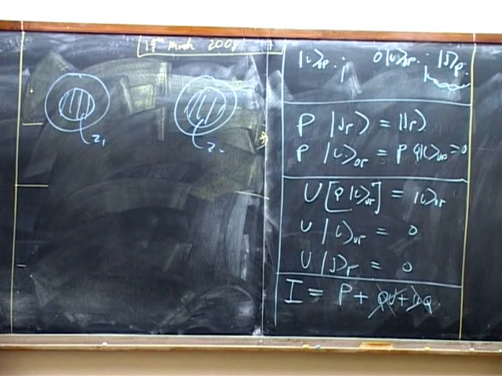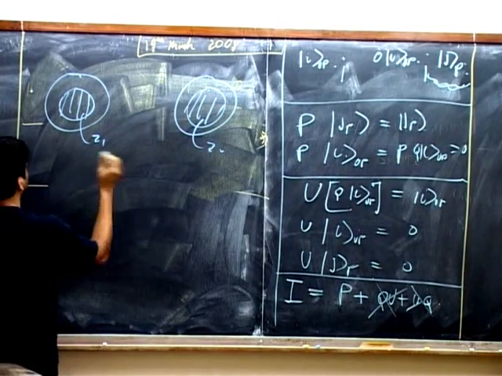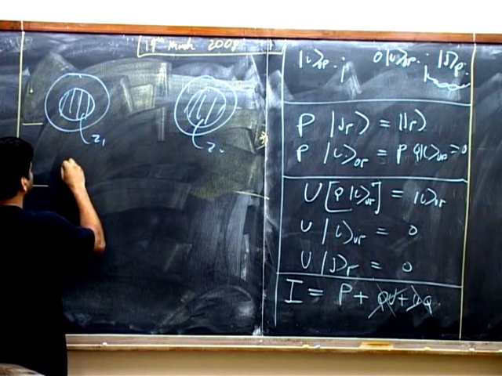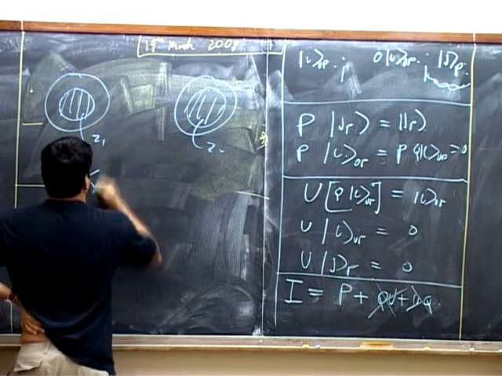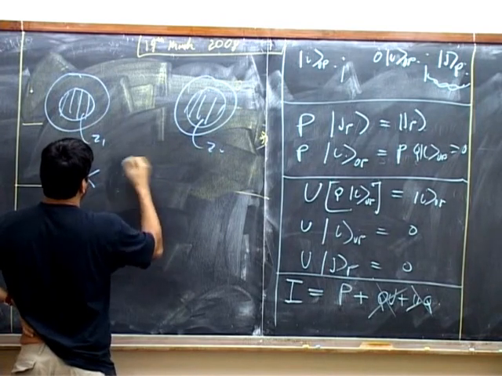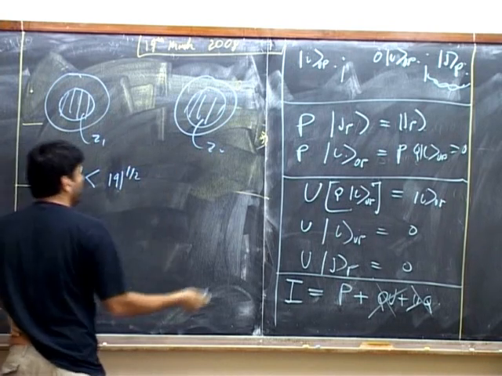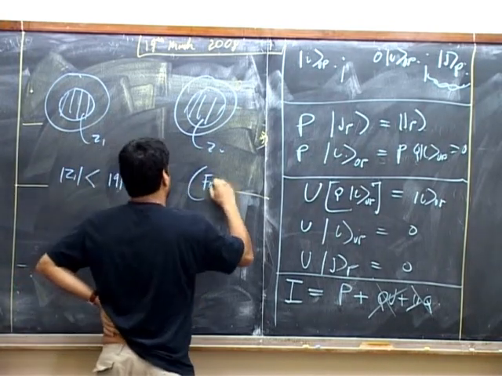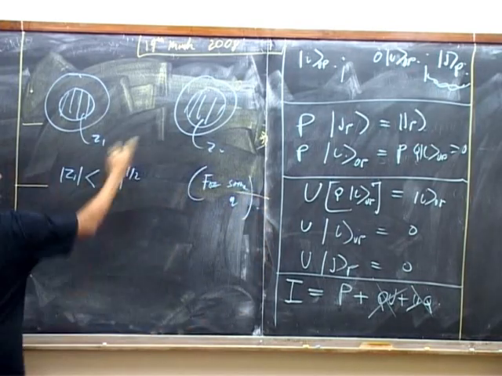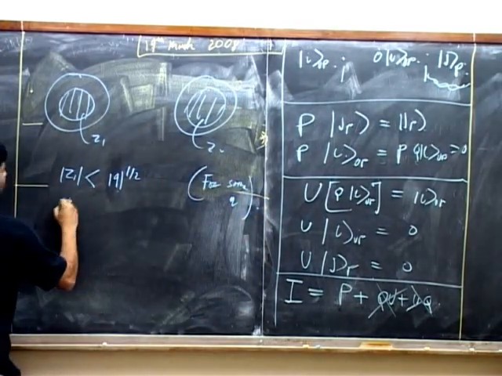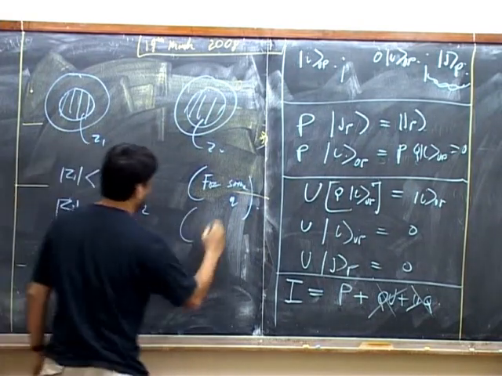Let's say that this coordinate patch is defined up to |Z1| less than |q|^(1/2) for some q. And similarly, the other coordinate patch is defined up to |Z2| less than |q|^(1/2) for the same q.